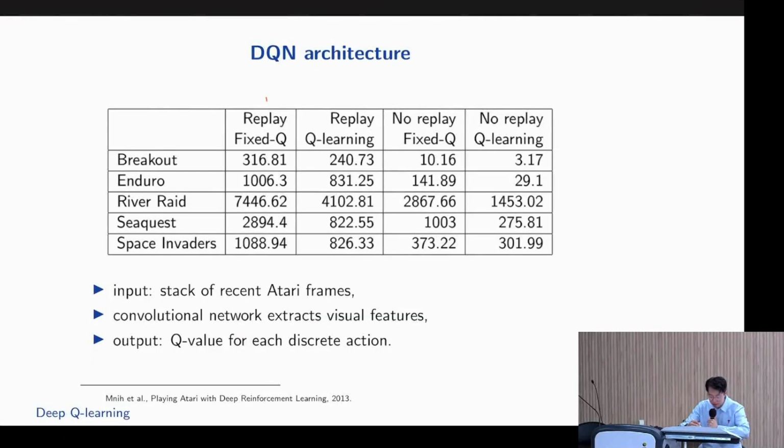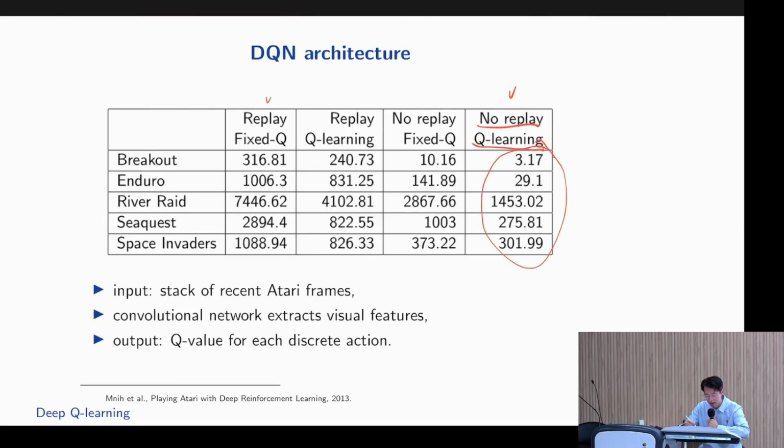So here's the simplest algorithm. No replay, and just simple Q-learning, not having a separate target network. For these games, the numbers are the rewards, and you can see the numbers are really low.